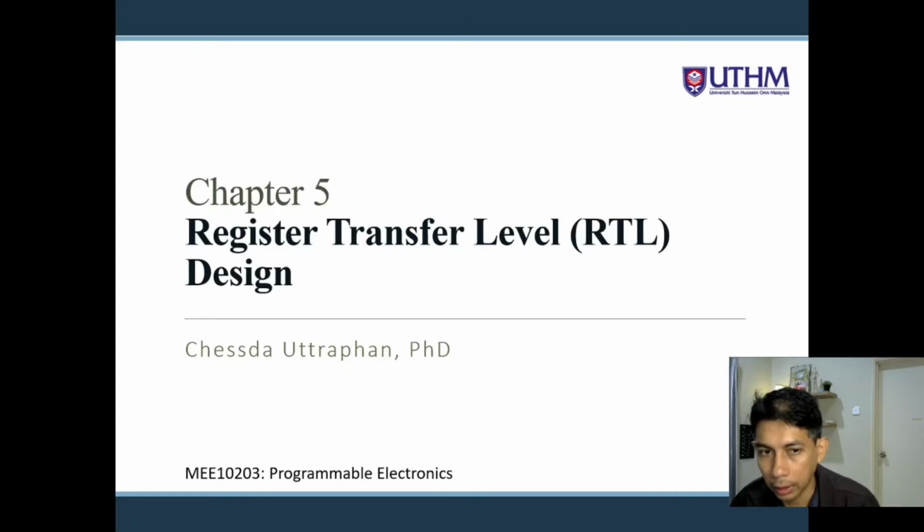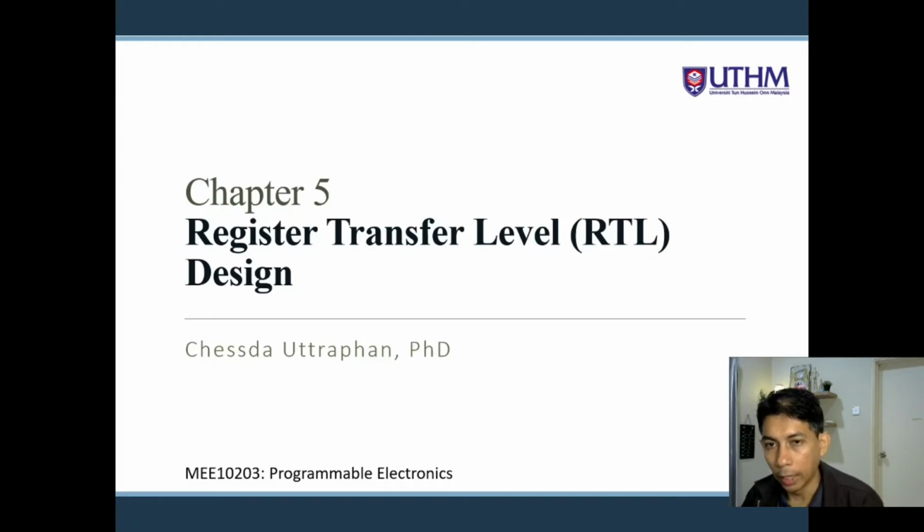What is RTL design? If we look at the name, register transfer level means that we will design the digital circuit at a higher level of abstraction.